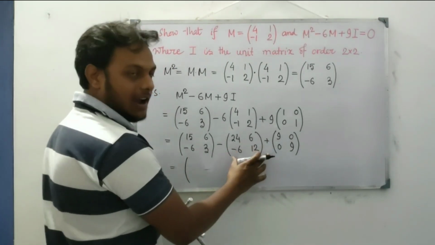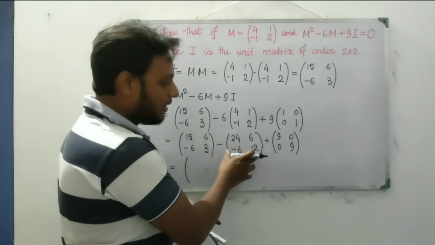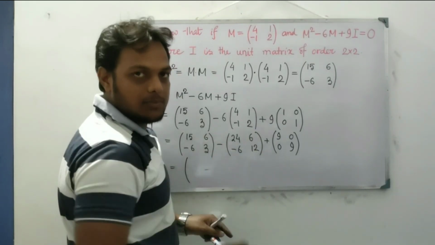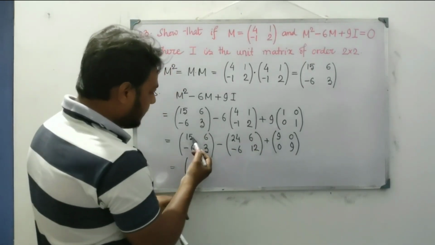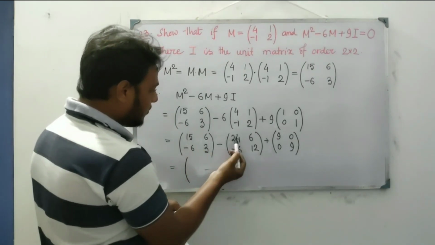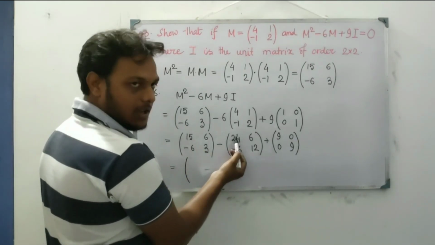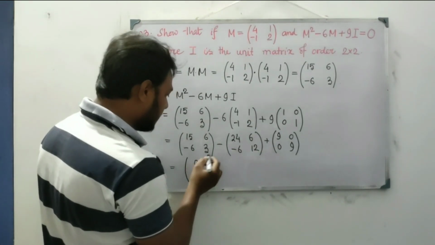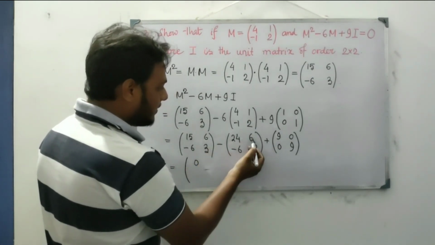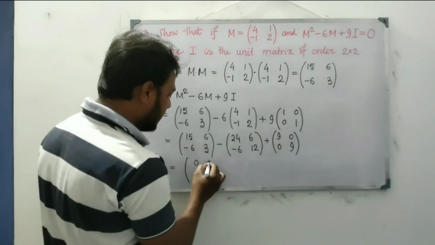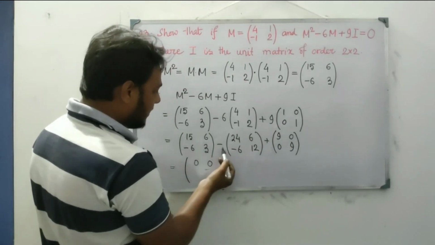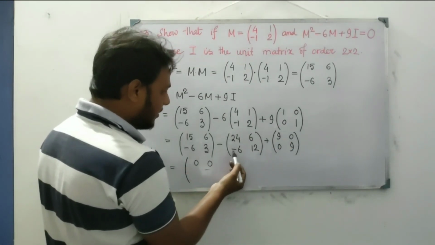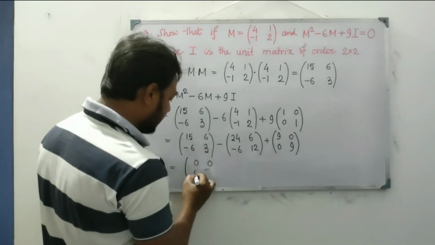We just have to add or subtract the corresponding entries. So 15 minus 24, that is minus 9, minus 9 plus 9, that means 0. 6 minus 6, 0, 0 plus 0 means 0. Next, minus 6 plus 6, that means 0, plus 0, that means 0.